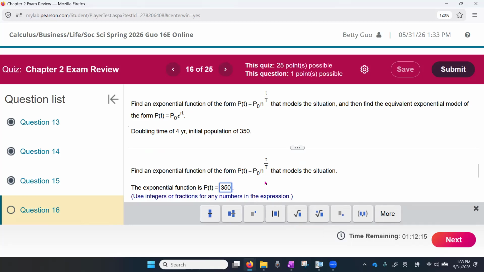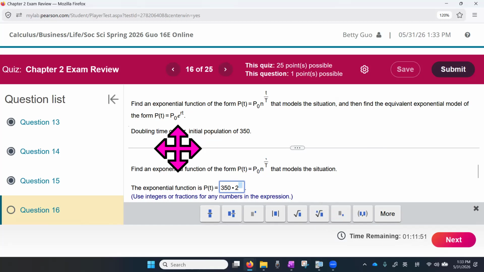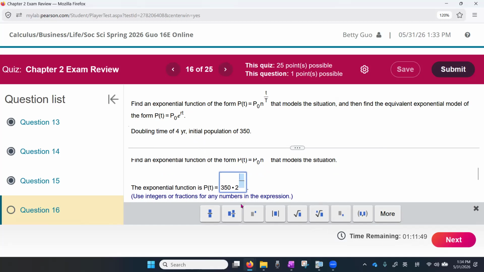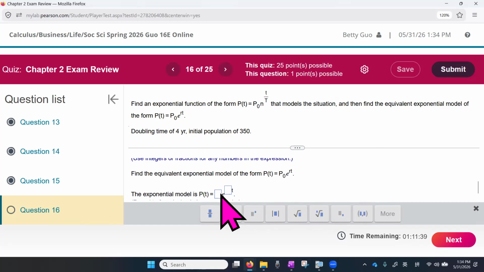If not, we can probably use this to mean multiplication. So initial population 350 times 2 to the power T over 5. T over 4, my bad. T over 4, doubling time. Okay? That's it.